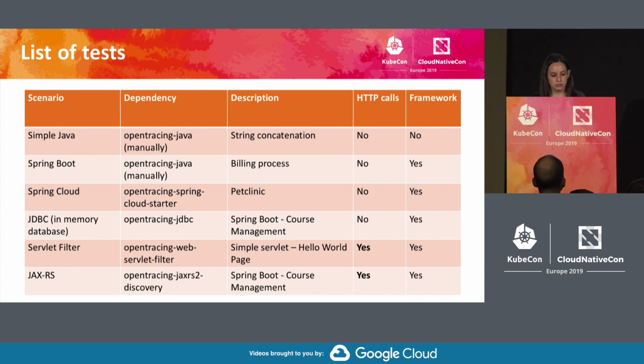In the case of JAX-RS, we use OpenTracing JAX-RS Discovery. The tracer in the last two tests is registered in the global tracer using an application listener on the startup of the web application.